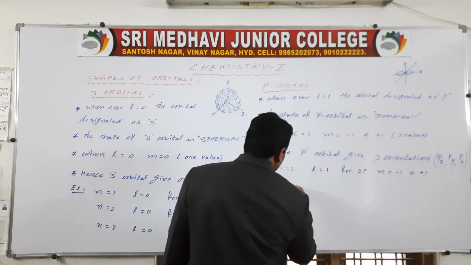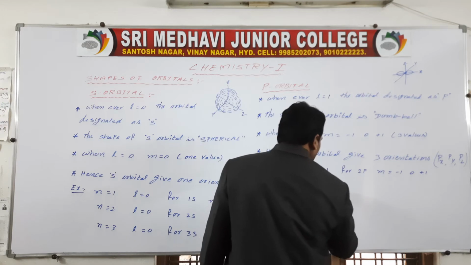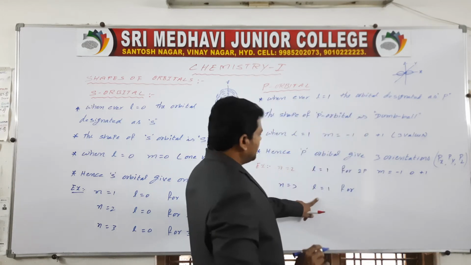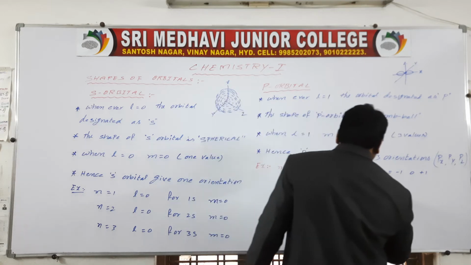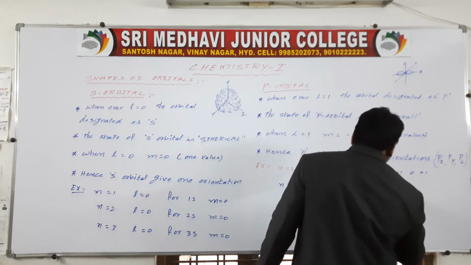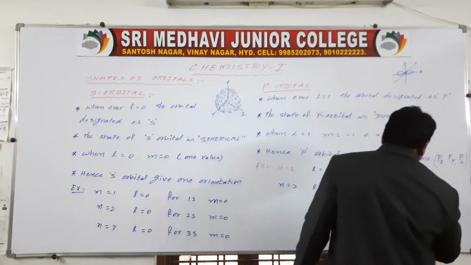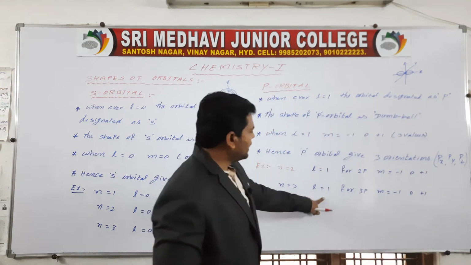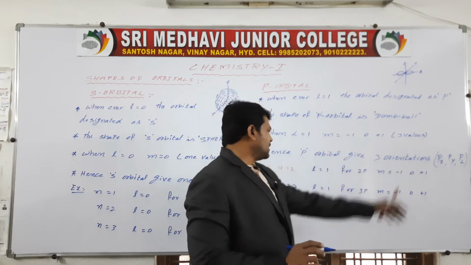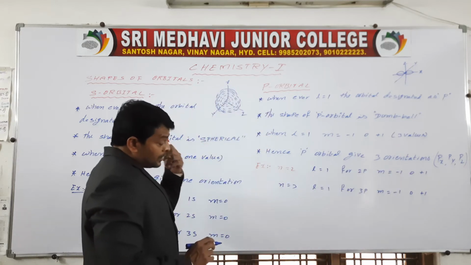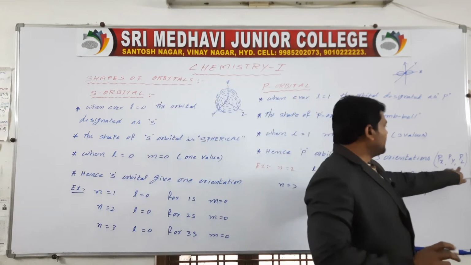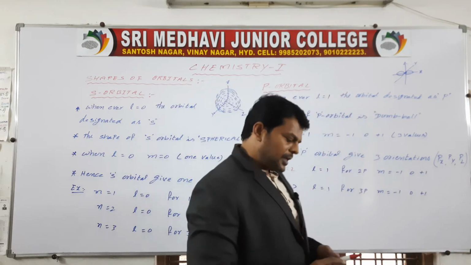N is equal to 3, then l is equal to 1, for 3p, m is equal to -1, 0, +1. Okay. Now the shapes of px, py, pz orbitals we are going to discuss.